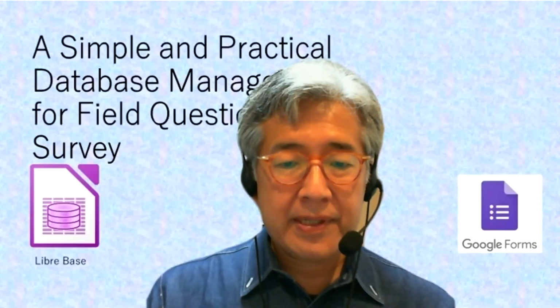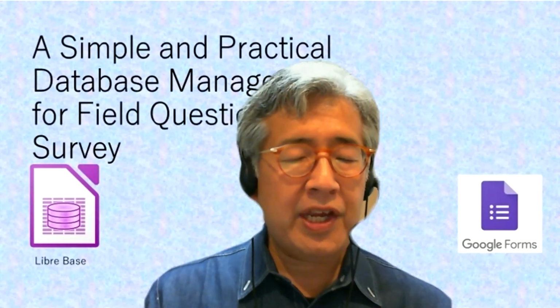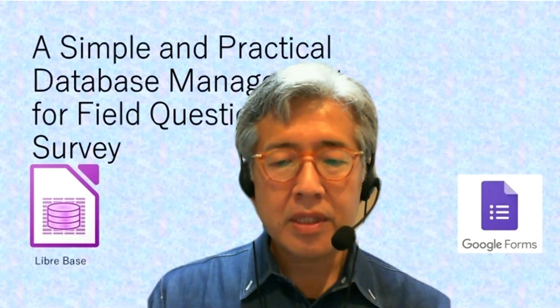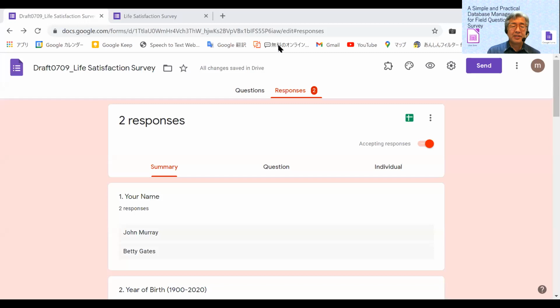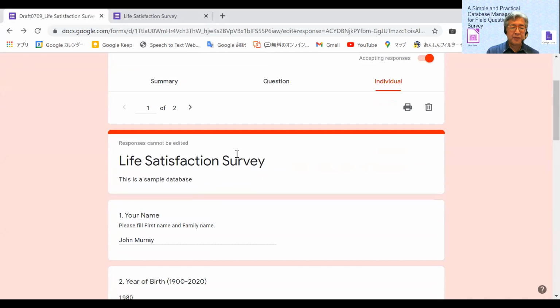Right. Now I'm going to explain how we manage data after you input data. Okay. This is the data we have. Then you have two responses. So you can check the individual information.